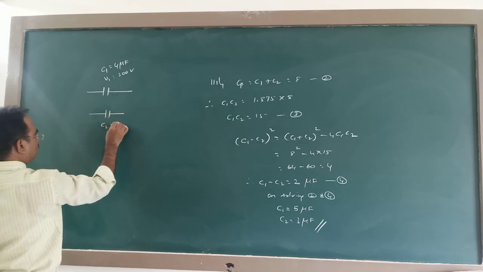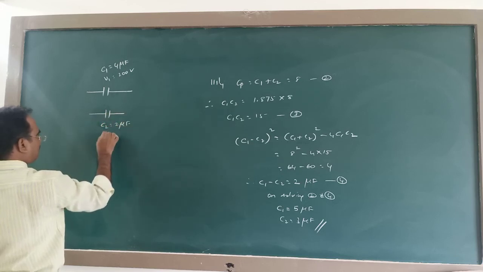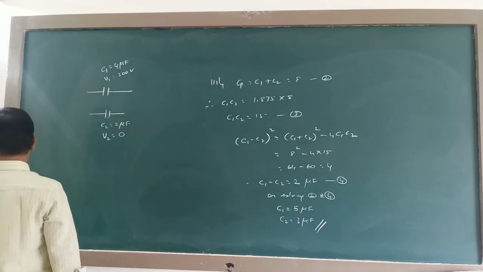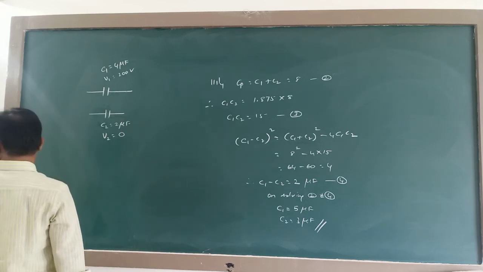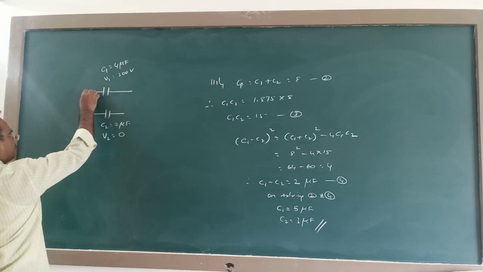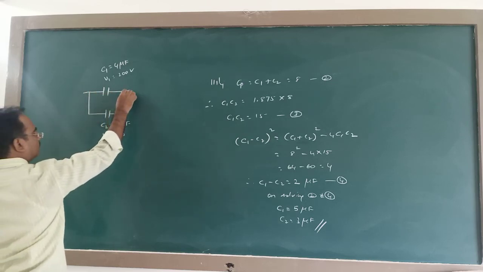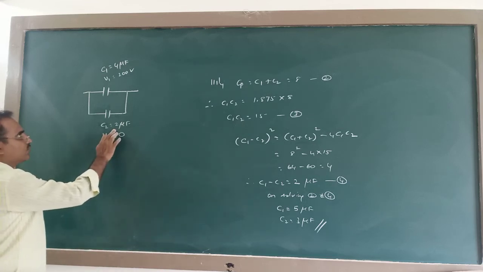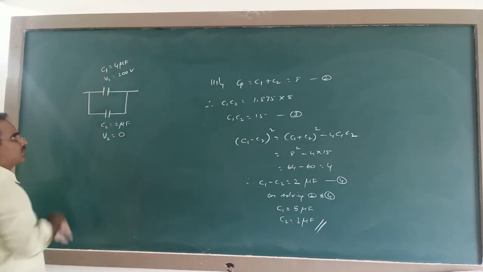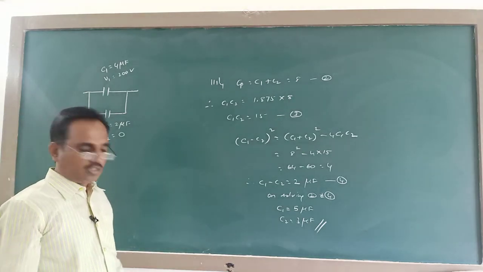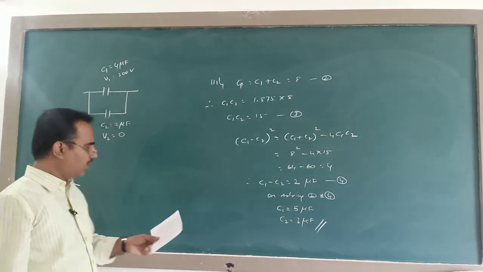So here this is C2, this is of 2 microfarad, it is uncharged, that means it is 0. Now, when this is connected in parallel like this, when this uncharged capacitor is connected to this charged capacitor, how much energy is lost in the form of electromagnetic radiation?